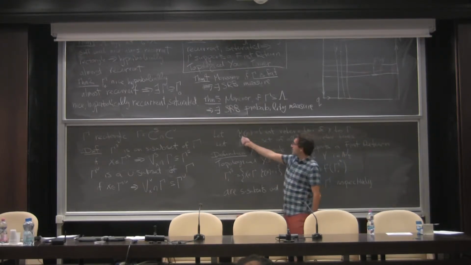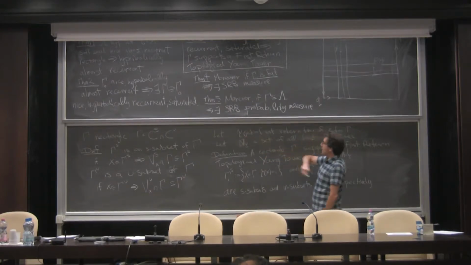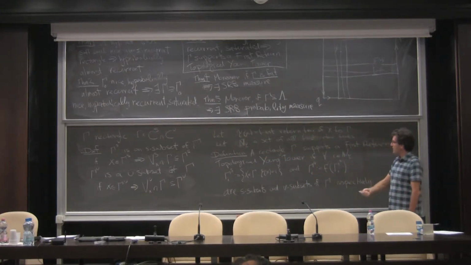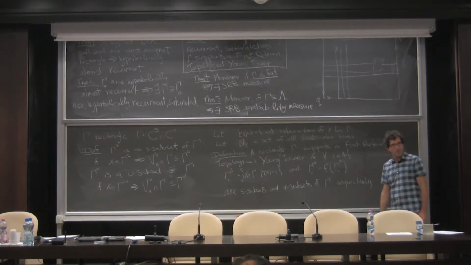There exists a function that for each x gives some return time, not necessarily the first, that supports this property. Then this is the topological description of a Young tower. This is the structure that a Young tower has to have.